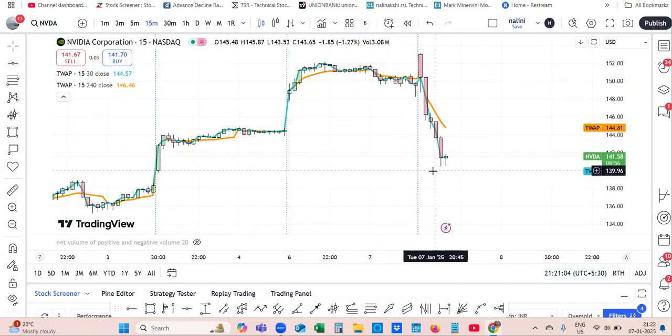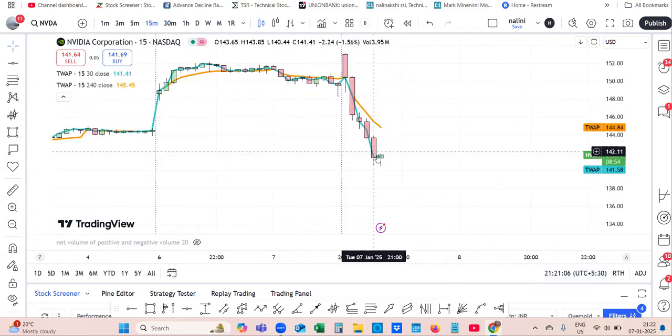Remove all the drawings, and you can see this shorter period moving average is bending. You can see a slight bend in the shorter period moving average. When you see some sort of bend in the shorter period moving average, you need to book your profits because it is a huge profit. It has come down like anything.